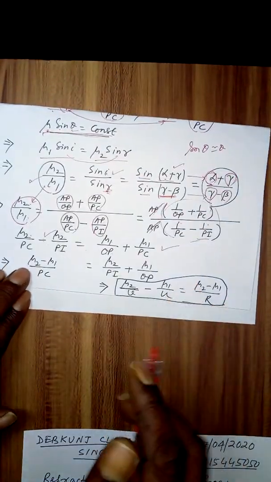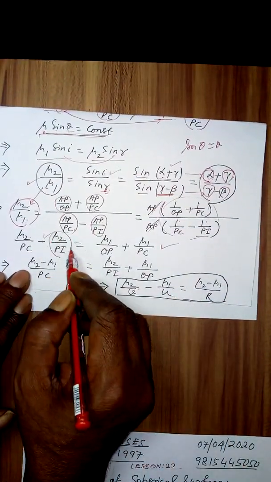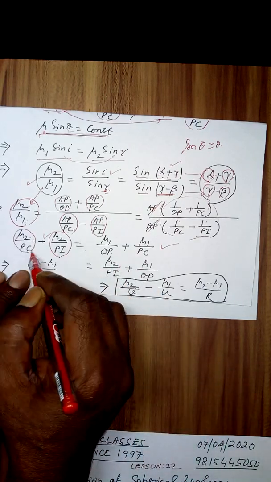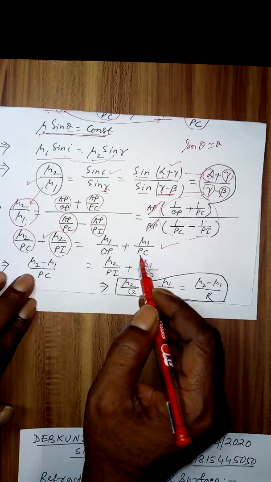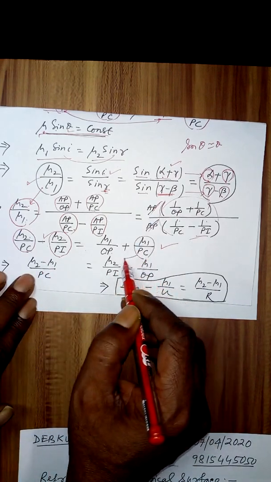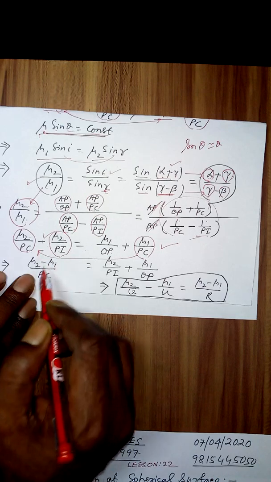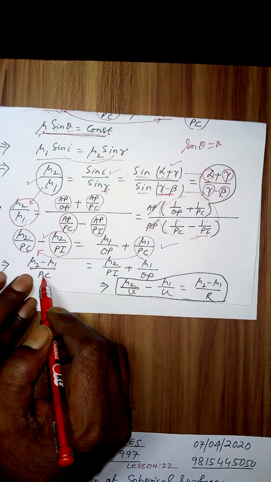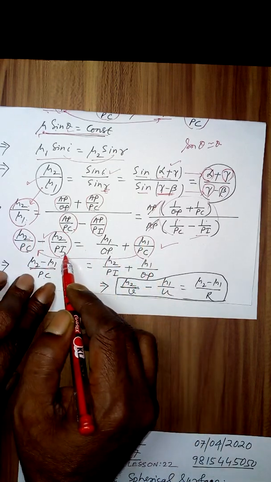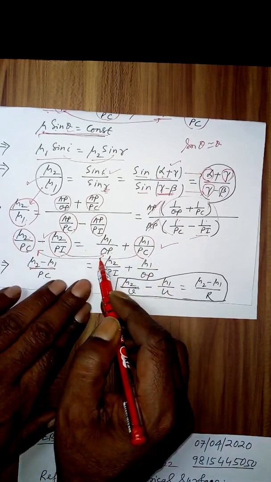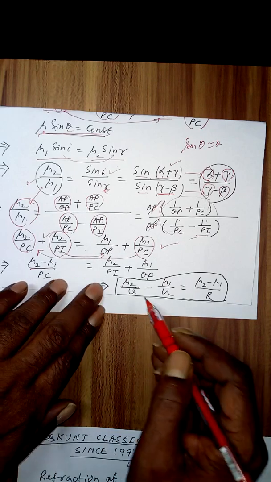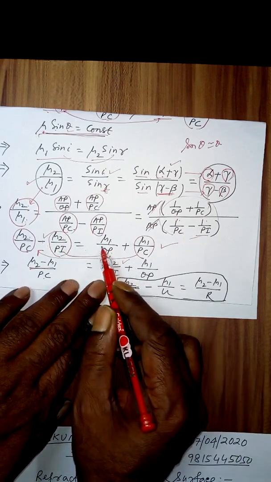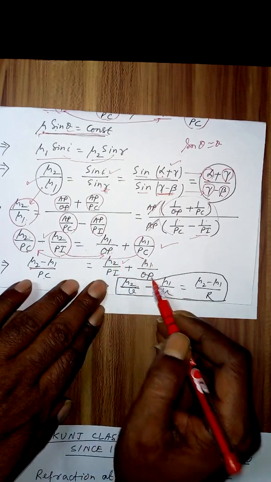Now take this term to this side. So in the denominator I have PC which is taken common. So I am left with mu2 minus mu1 over PC, which is equal to mu2 by PI plus mu1 by OP.